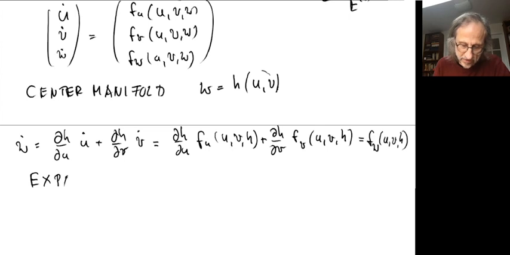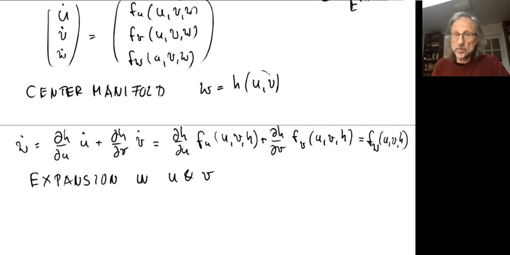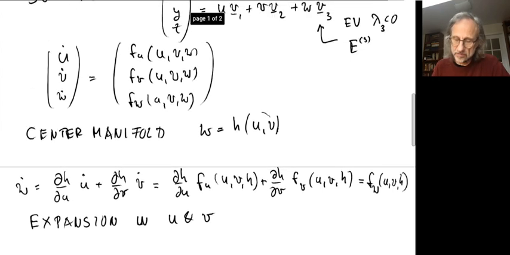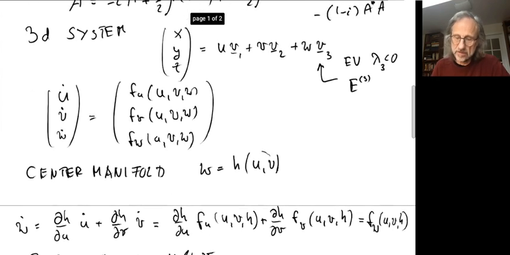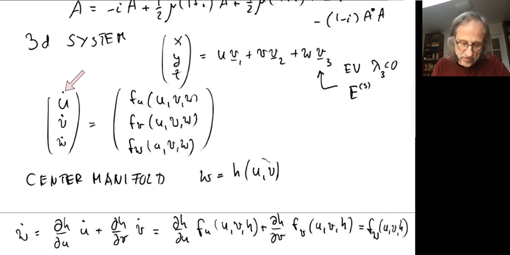So we do an expansion in U and V, and order by order, we determine the function H. And once we have determined the function H in terms of U and V, we can plug it into our equation for U dot and V dot, which then are completely given simply in terms of U and V. We have the closed dynamics on that center manifold.